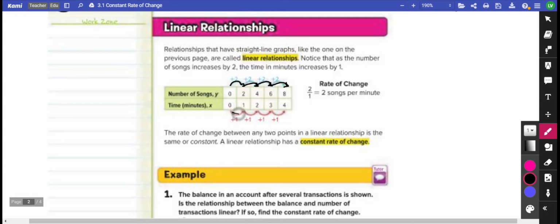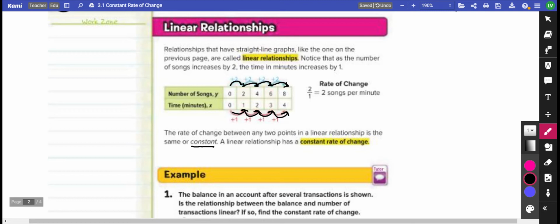And the time increases by 1, 0 to 1, 1 to 2, 2 to 3, 3 to 4. So the rate of change is 2 divided by 1, which means there are 2 songs per minute. The rate of change between any 2 points in a linear relationship is the same or constant. A linear relationship has a constant rate of change.